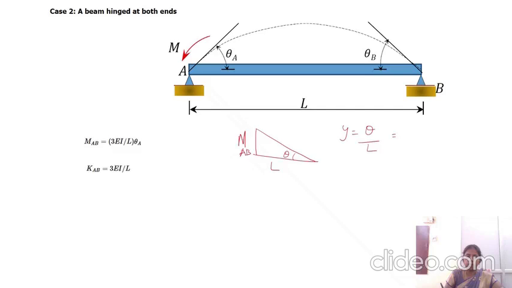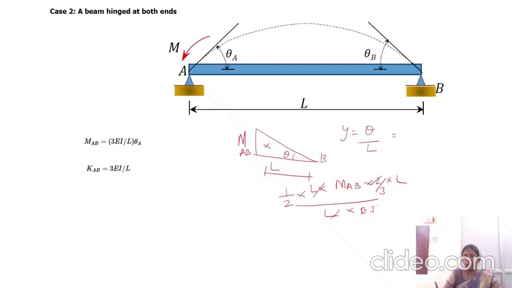I am going to use the moment area method, that is half into span into moment. The centroidal distance from B is 2/3 of L, divided by span into EI.